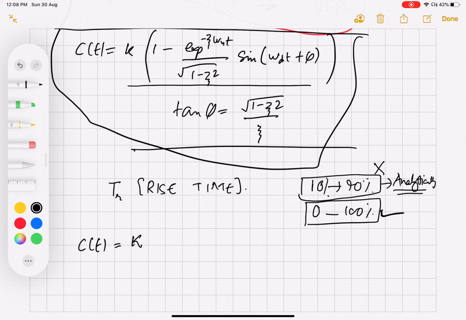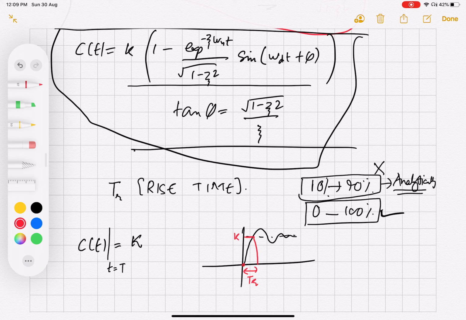That is the time, right? When C(t) is equal to K, we'll call it the rise time, because our 0 to 100% definition of rise time is the time it takes for the waveform to reach from 0 to the steady state value for the first time. So this is the rise time, the 0 to 100% definition.